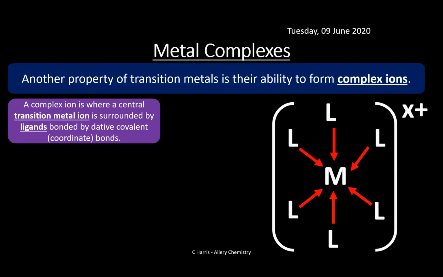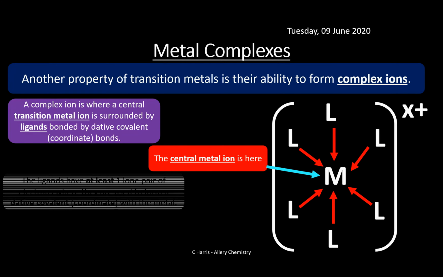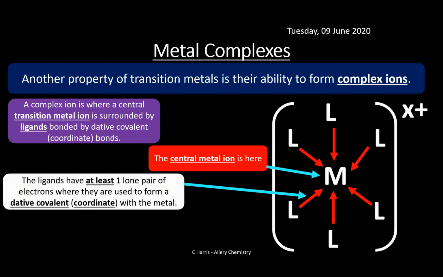So a complex, or complex ion, is where we have a central transition metal ion, and it's surrounded by ligands bonded by dative covalent or coordinate bonds. So this middle bit here, there's your central metal ion in the middle, and this is what the complex looks like. The red arrows actually show dative covalent or coordinate bonds.